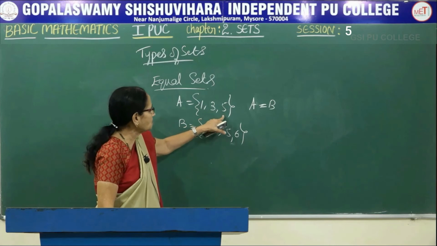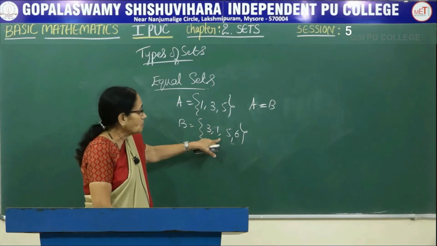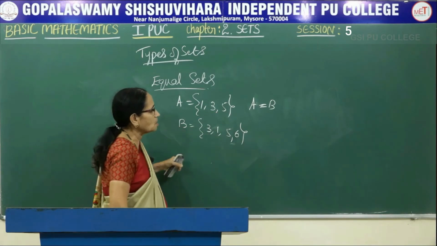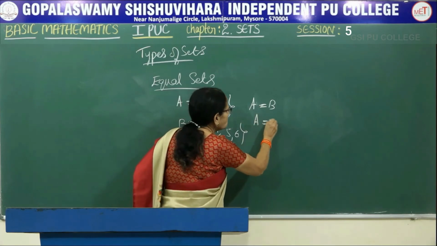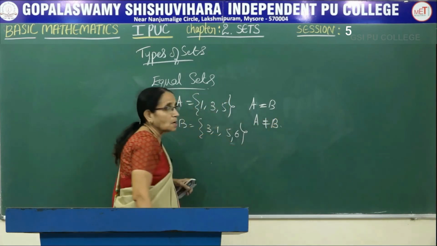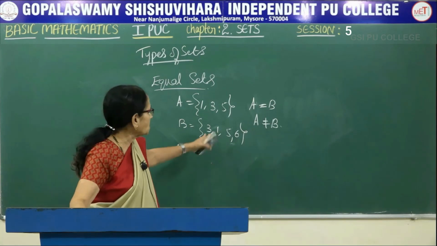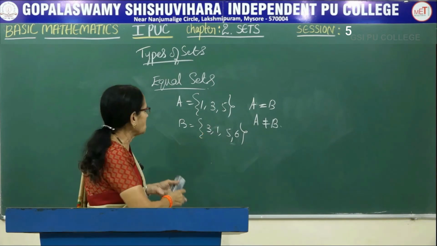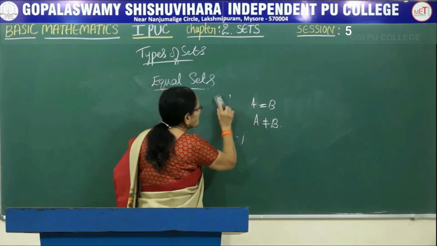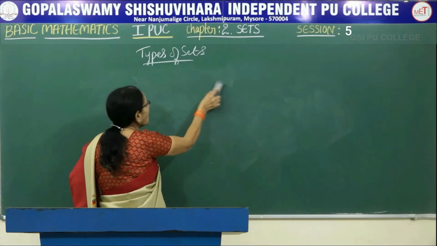You see that there are 3 elements here and 4 here, so these sets are not equal. So, we say A and B are not equal to each other, or they are unequal, because they contain different elements. Therefore, we say the sets are equal or unequal.